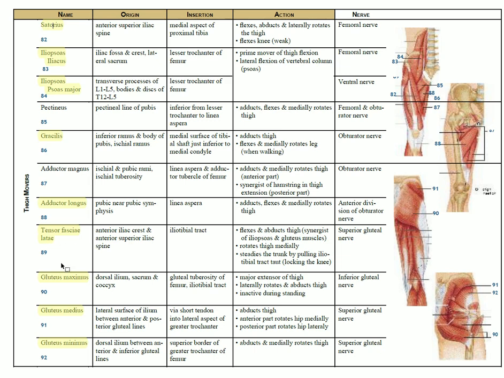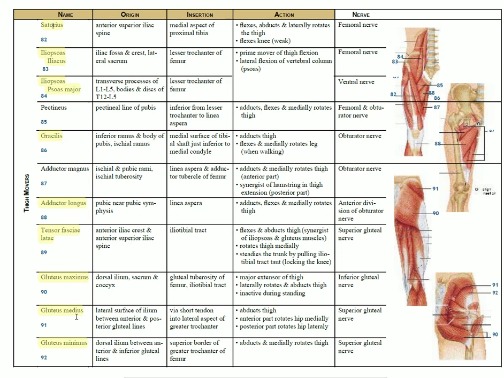Anyway, we'll look at it in person. TFL. Outside thigh near hip, it's the iliotibial tract. Okay, it's right here. It's part of the iliotibial tract. And it abducts, so moves your leg out, or moves your thigh out.